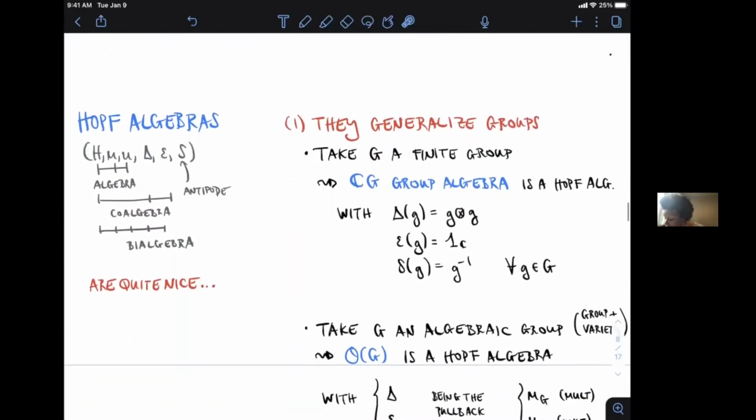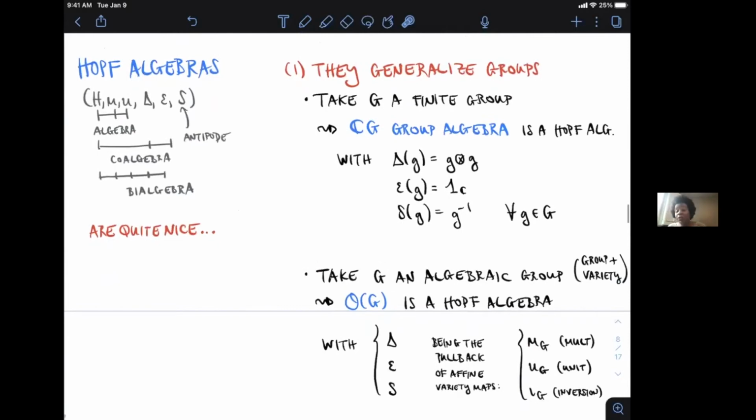First of all, they're important because they generalize groups. They're quite nice in that way. So if we take a finite group and take its group algebra, we know what its algebraic structure is, its multiplication, unit. It forms a Hopf algebra with these formulas here.